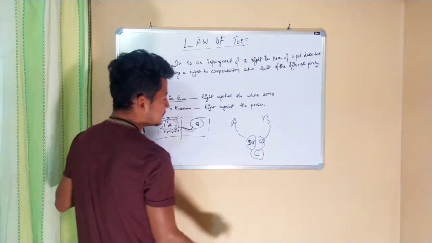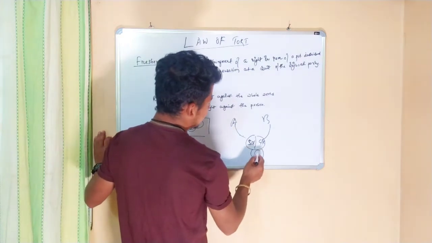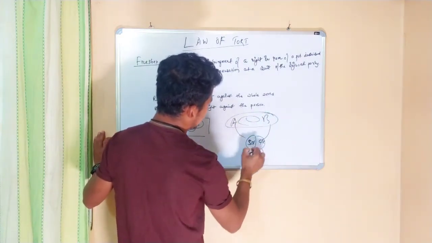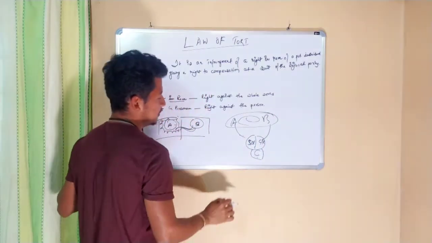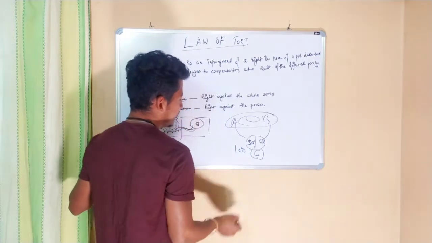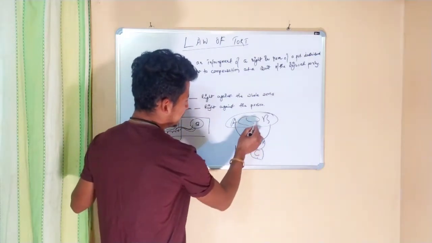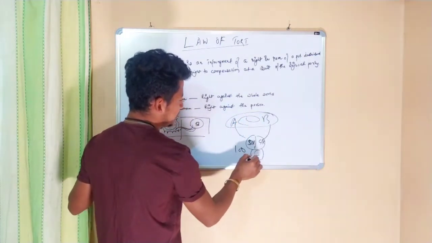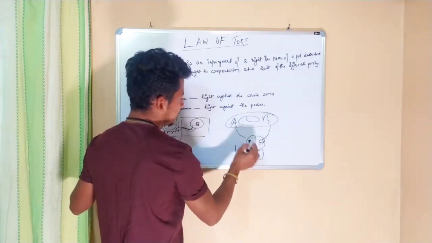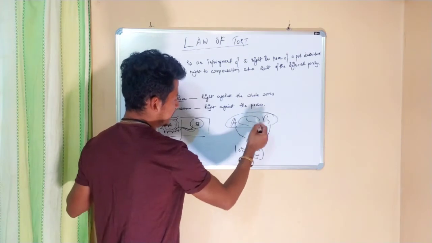Since it is a promise and an agreement between these two people, C, who is supposed to get 100 rupees, is one party, and A and B are another party, but C is not aware that both persons have agreed that they will pay.